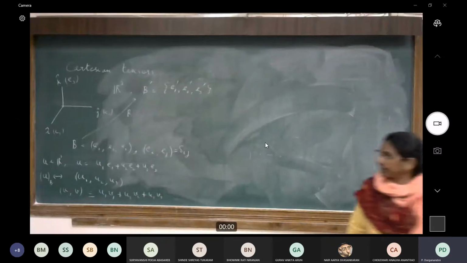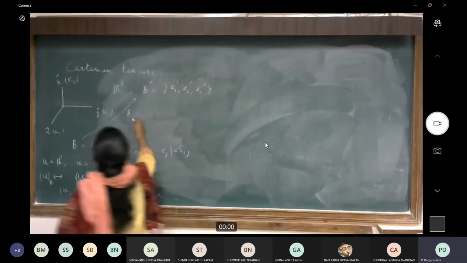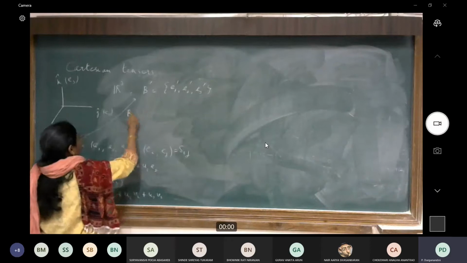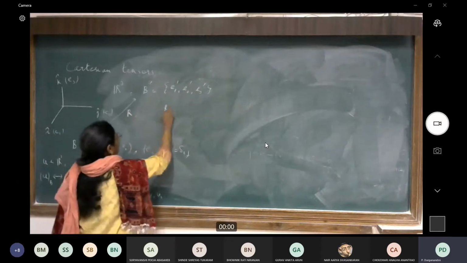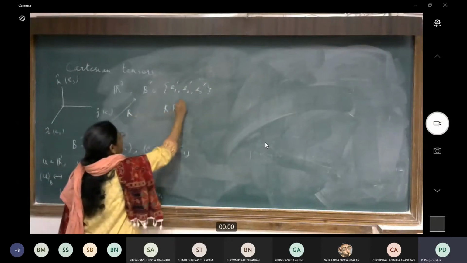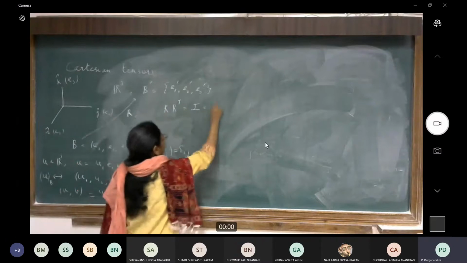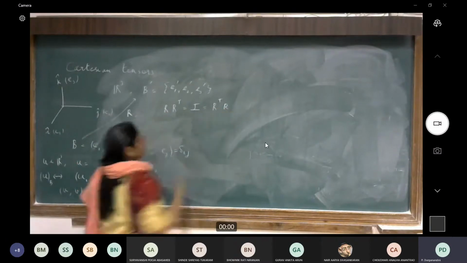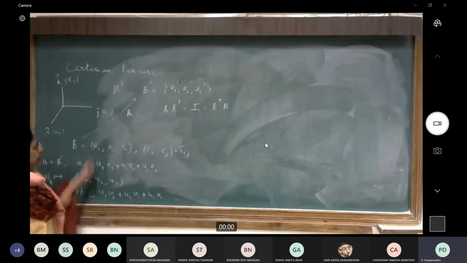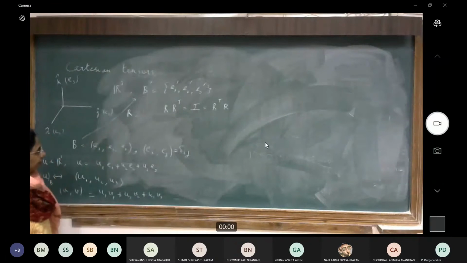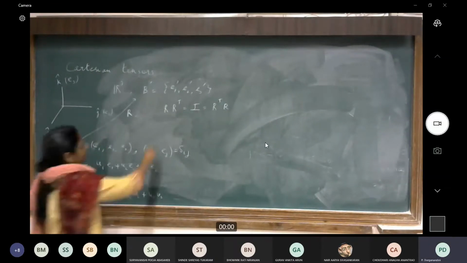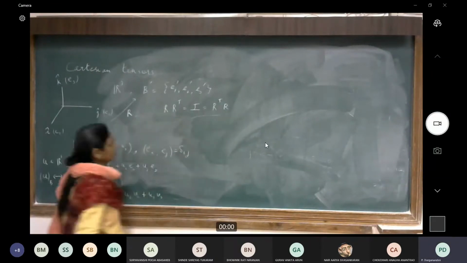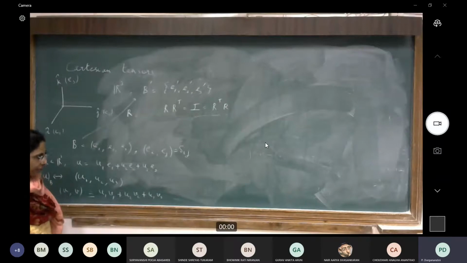Then what we found is that the linear transformation R must be an orthogonal transformation, which satisfies this relation. I've written this in the form of a matrix, but we could as well have written it in the component version I've written down earlier.